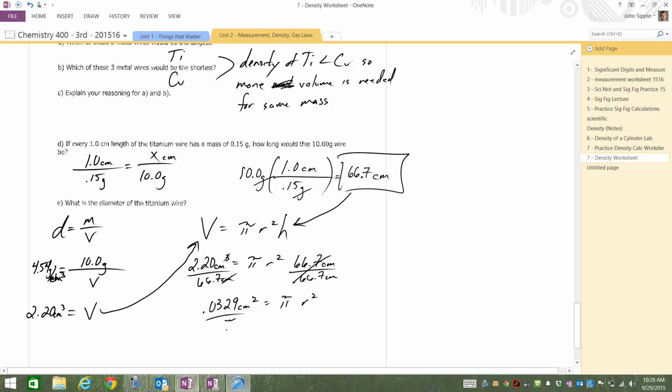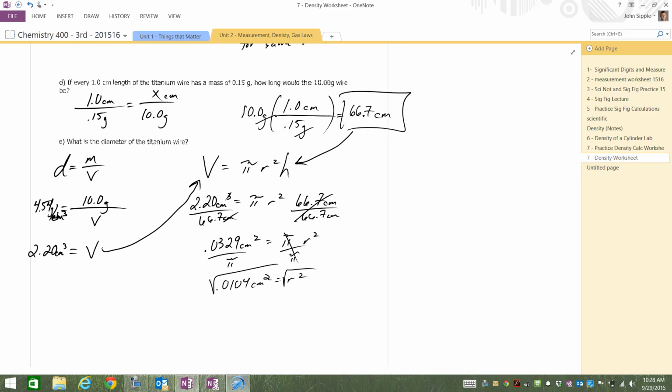Divide each side by pi. So pi's cancel. I got 0.0104 centimeters squared is equal to r squared. Now I can take the square root of both. So I got 0.102 centimeters is equal to r.